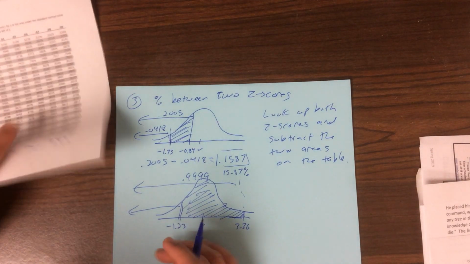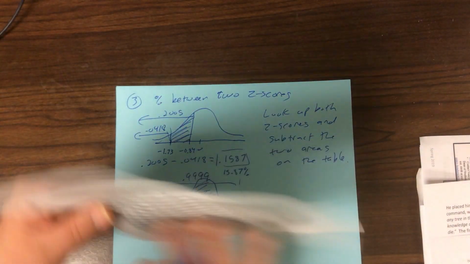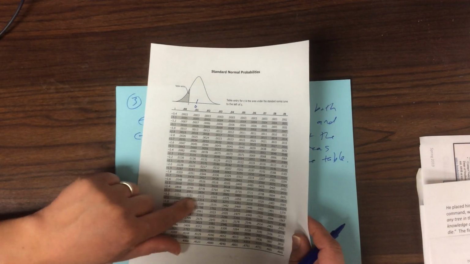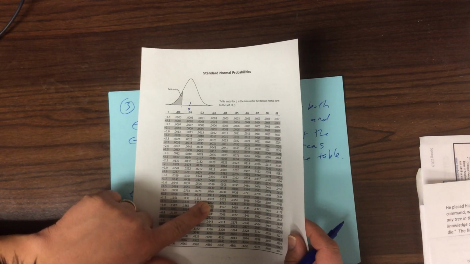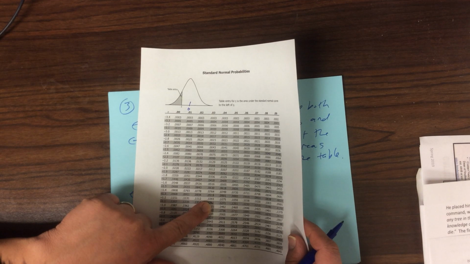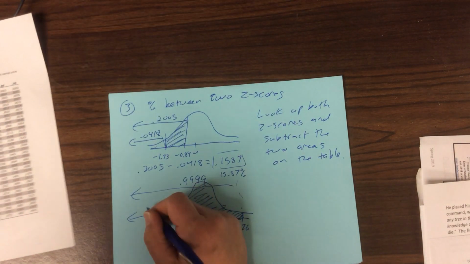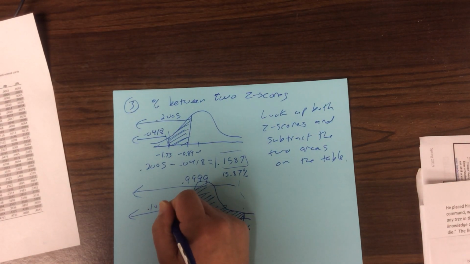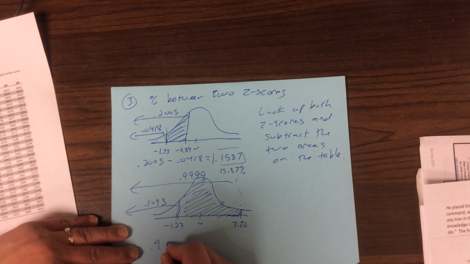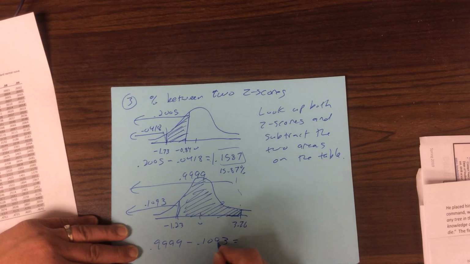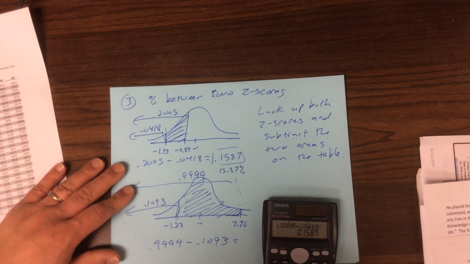Okay? And then you look up the other one, negative 1.23, and that is 0.1093. So you would subtract those two, and that gives you the area between.